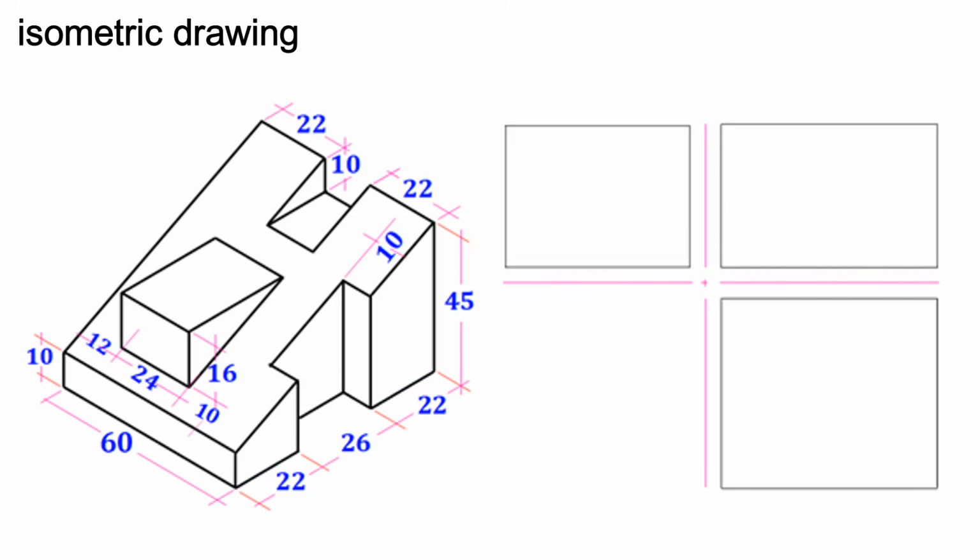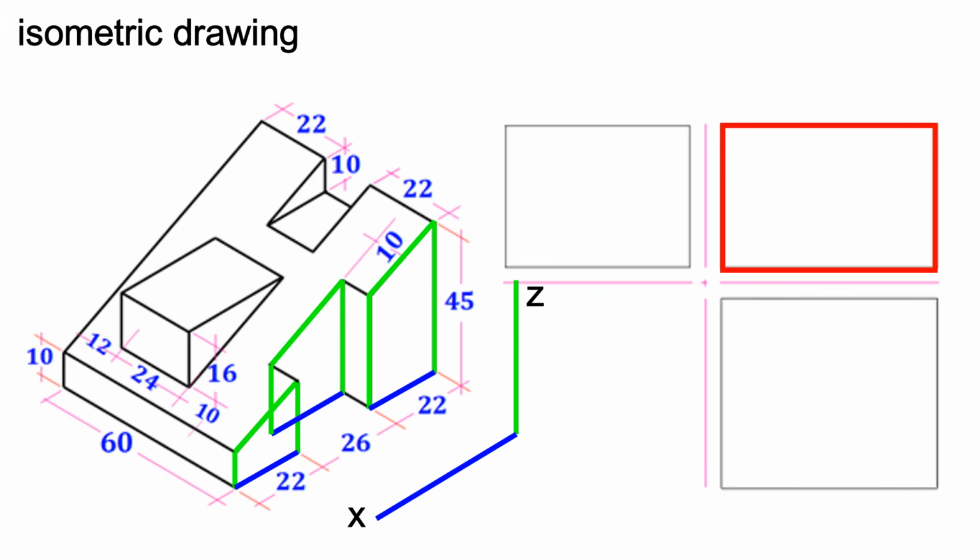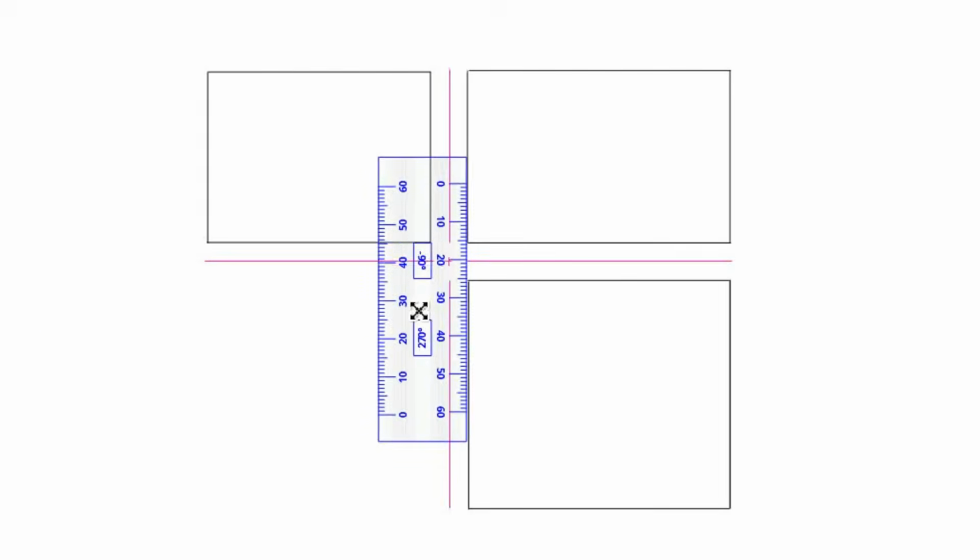The front-facing surface has an inclined line. Below that inclined line, there are three partitions. Each of these partitions is formed using lines along the x and z axes. Since they lie on the xz plane, they are visible from the front. So, we draw them inside the 70 by 45 rectangle we prepared for the front view.